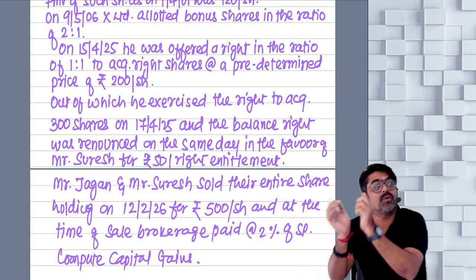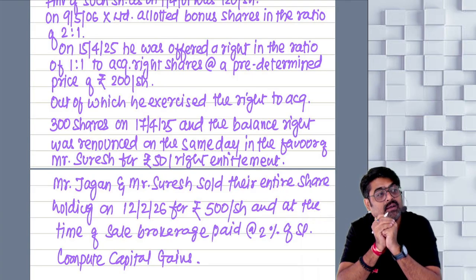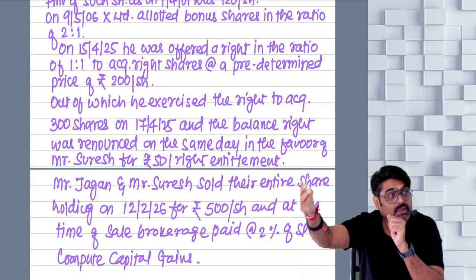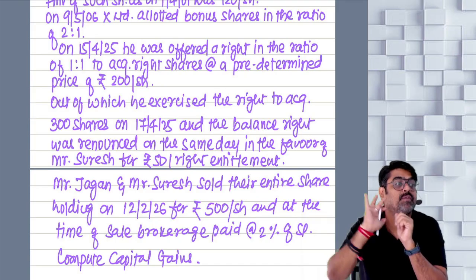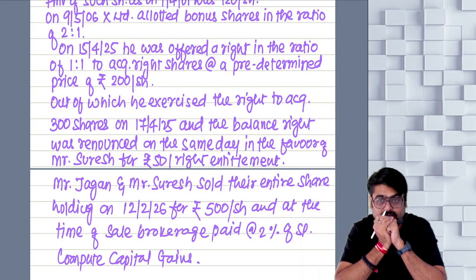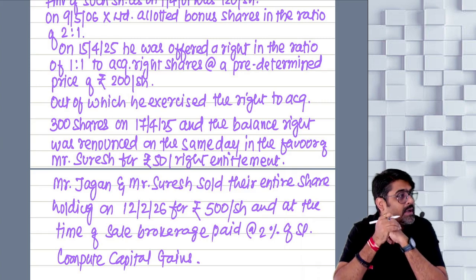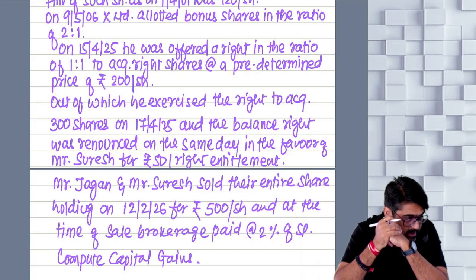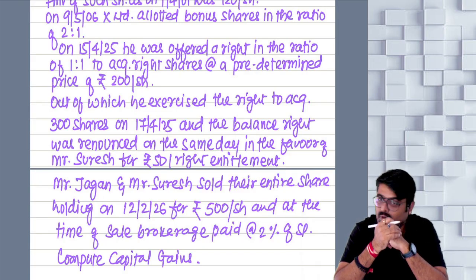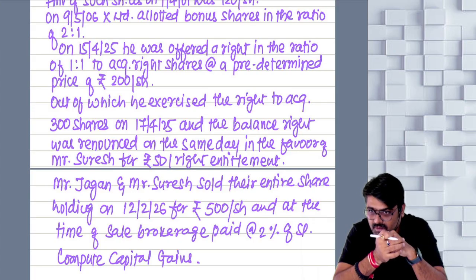What about the balance 450 shares right? Before it lapsed, you renounced this right in favor of Suresh. Suresh is your uncle's son, your relative. You will not charge anything from Suresh, no?